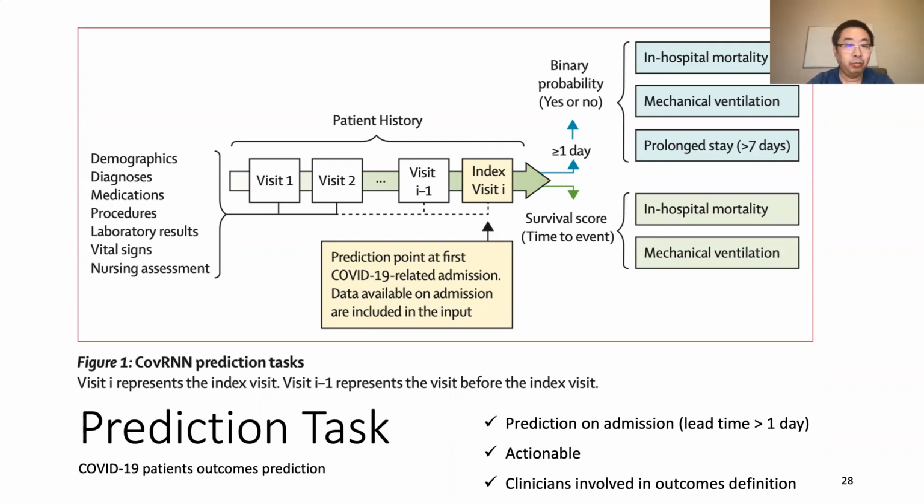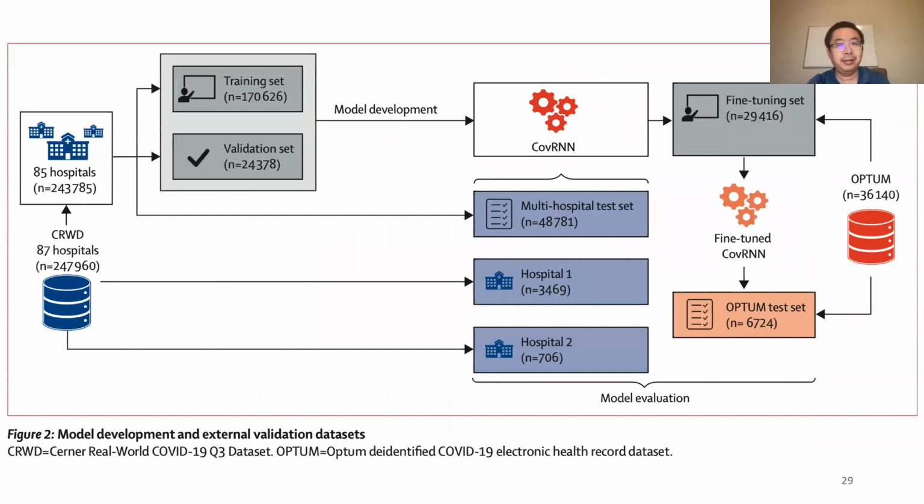And here is the data we used, the Cerner Real World data. It contains some 500,000 COVID patients from 85 hospitals. We split into training and validation, and then have the fine-tuned set that later we can evaluate in the test set.